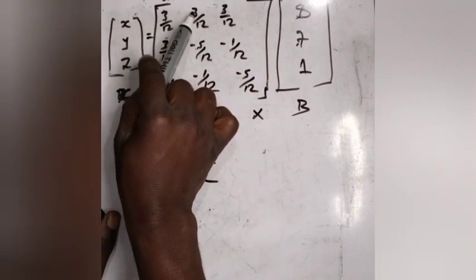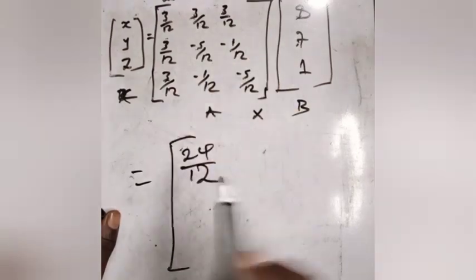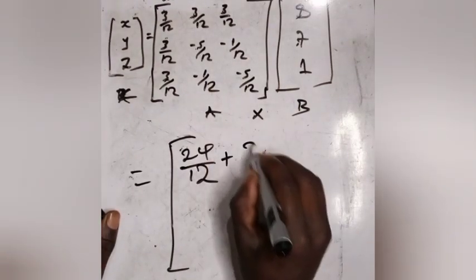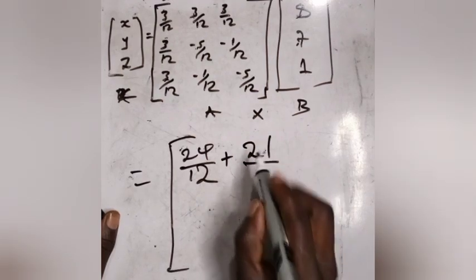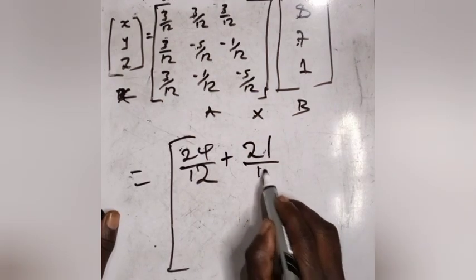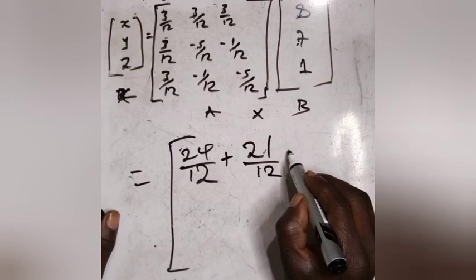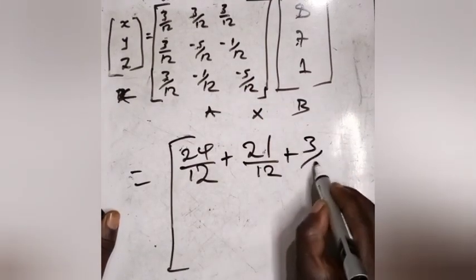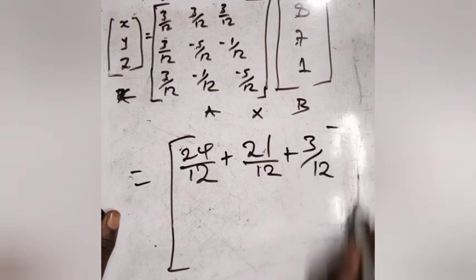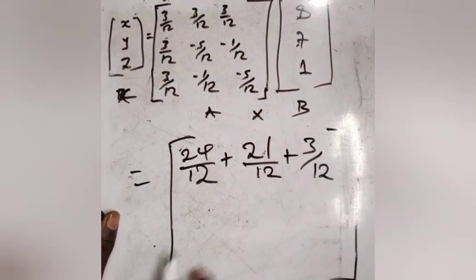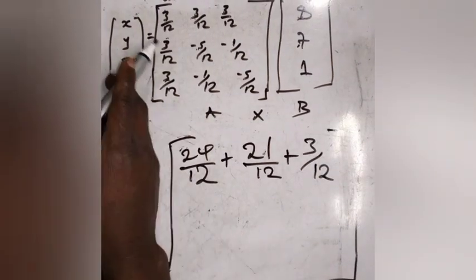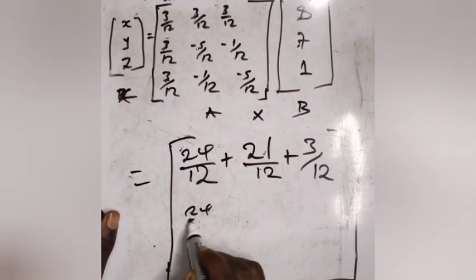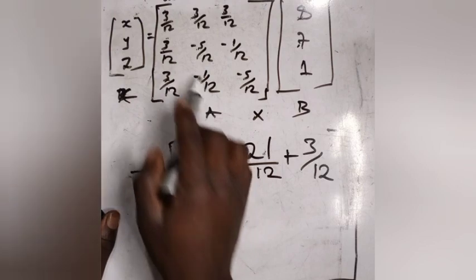Then 3 times 7, which is plus 21 over 12, plus 3 times 1, which is 3 over 12. Then 3 times 8, which is 24 over 12.